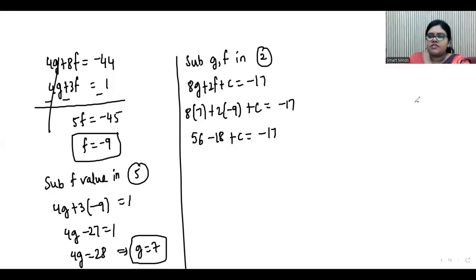What is 56 minus 18? 38. So 38 plus c is minus 17. C is minus 38 minus 17. So this is minus 55.